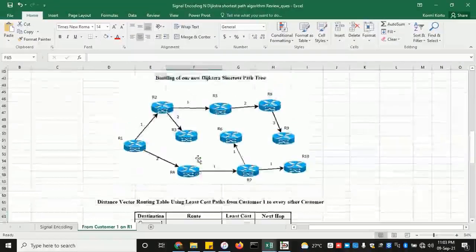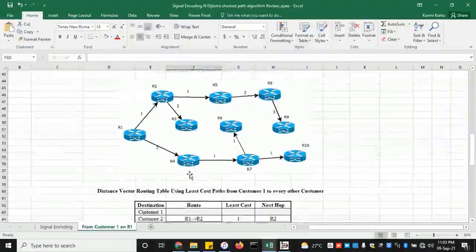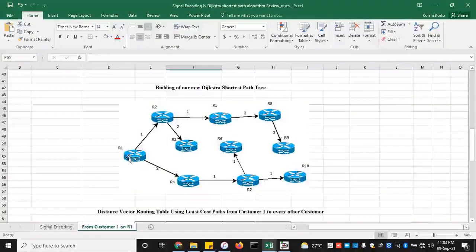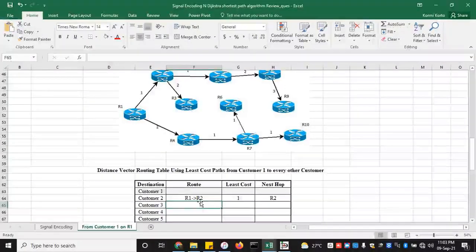For customer 3 connected to router 3, it was from R1 to R2 to R3.